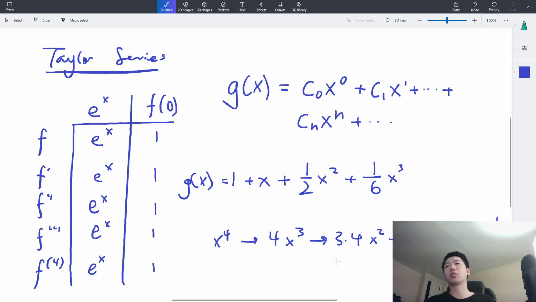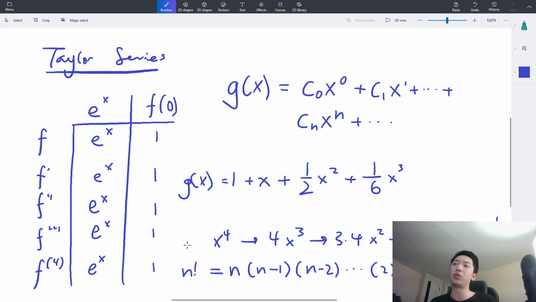And that product, when you multiply everything from n down to 1, times 2 times 1, this is known as n factorial. So that's the mathematical term for when you multiply every integer down from the current one you're at, down to 1.